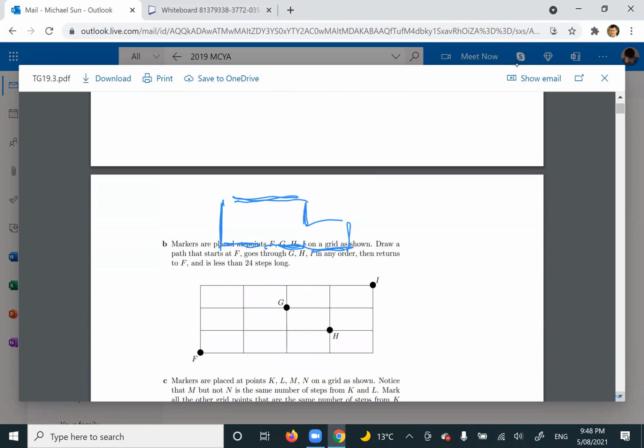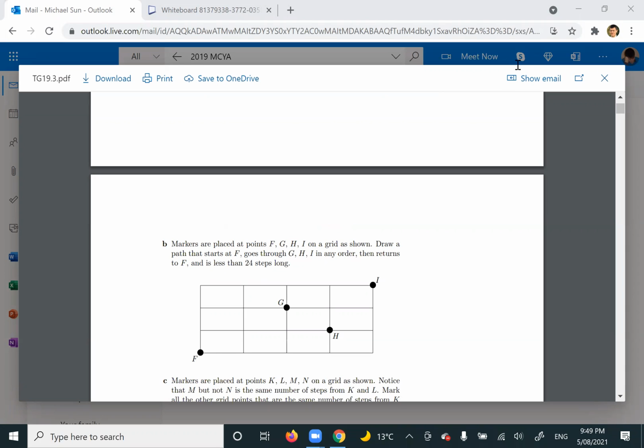Okay, now we have F, G, H, I. Markers are placed at points F, G, H, I on a grid shown.